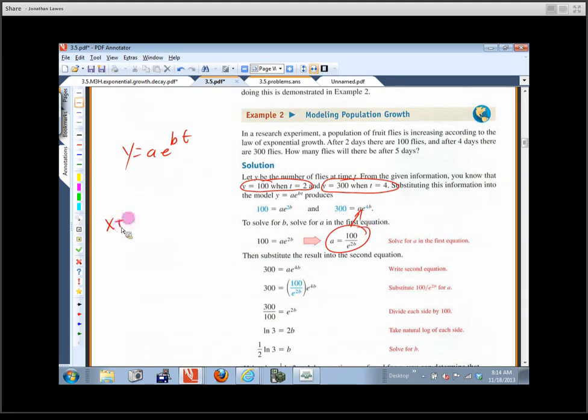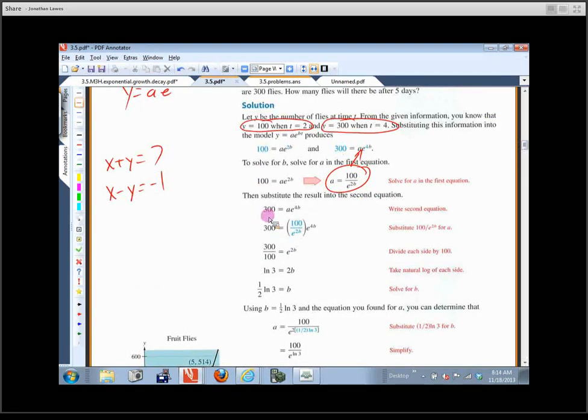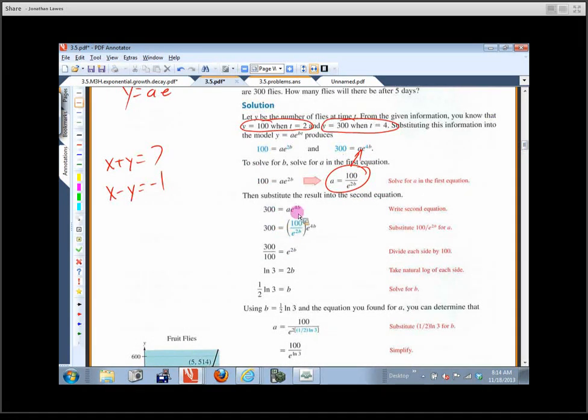If I had x plus y equals 7, and x minus y equals -1, it's like solving that using substitution. It's a little bit more complicated, but it's the same idea. So then they said 300 equals this stuff right here. They plug that in for a, and you'll notice in this ugly equation we only have the variable b. Everything else is a plain old number.